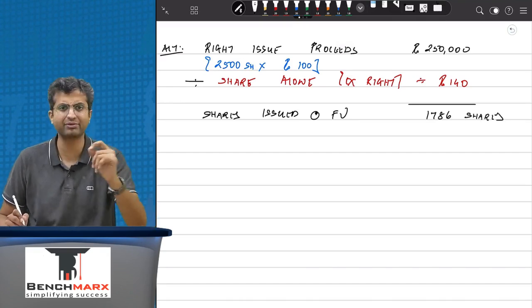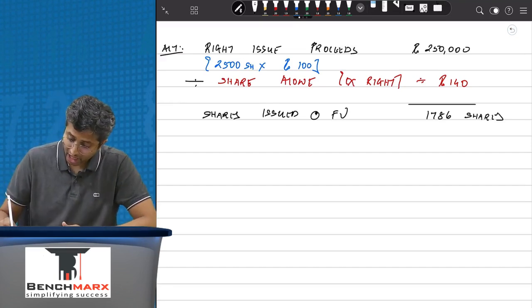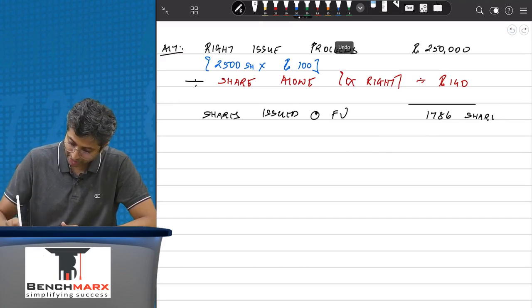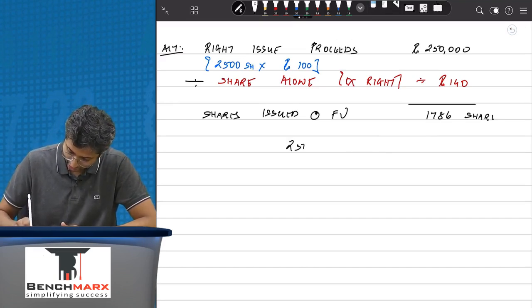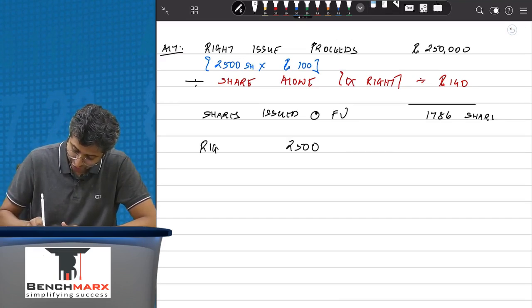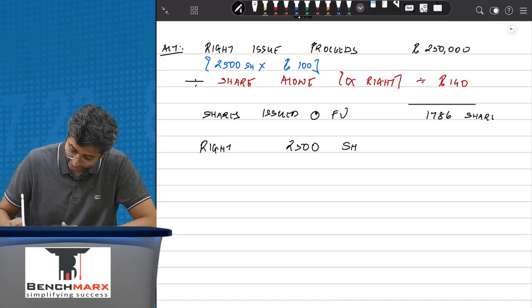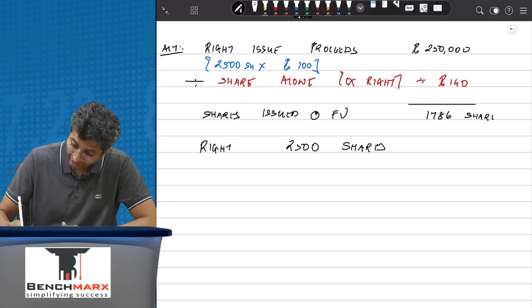You could have raised this 2,50,000 by issuing 1786 shares. However, as a matter of fact, you have issued 2,500 shares. So in the right issue, you have issued 2,500 shares and you have raised 2,50,000 in the process.